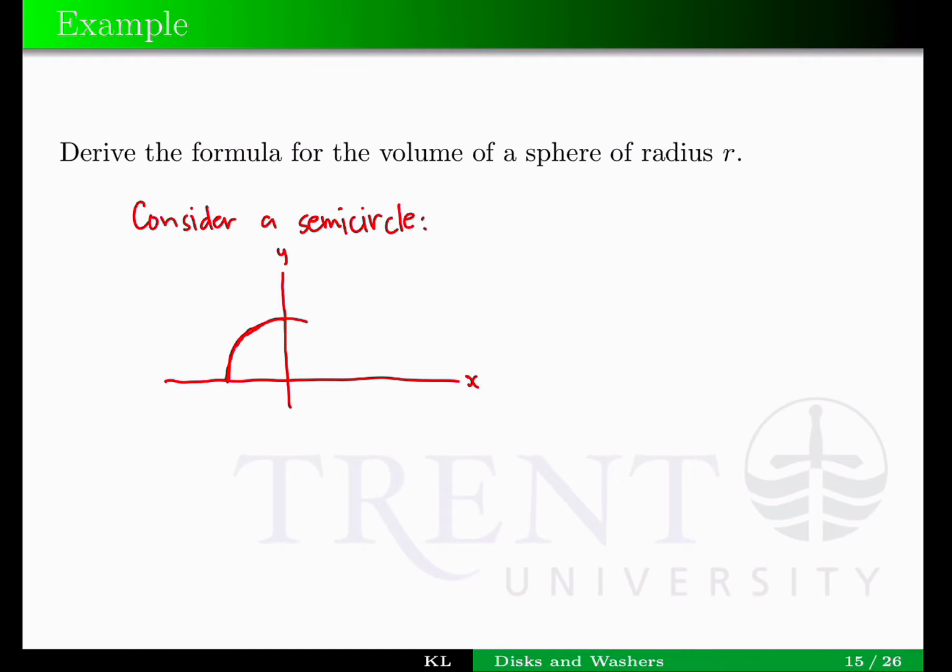Pretend that this is a semicircle of radius r. The equation of this semicircle will be y equals square root of r squared minus x squared.